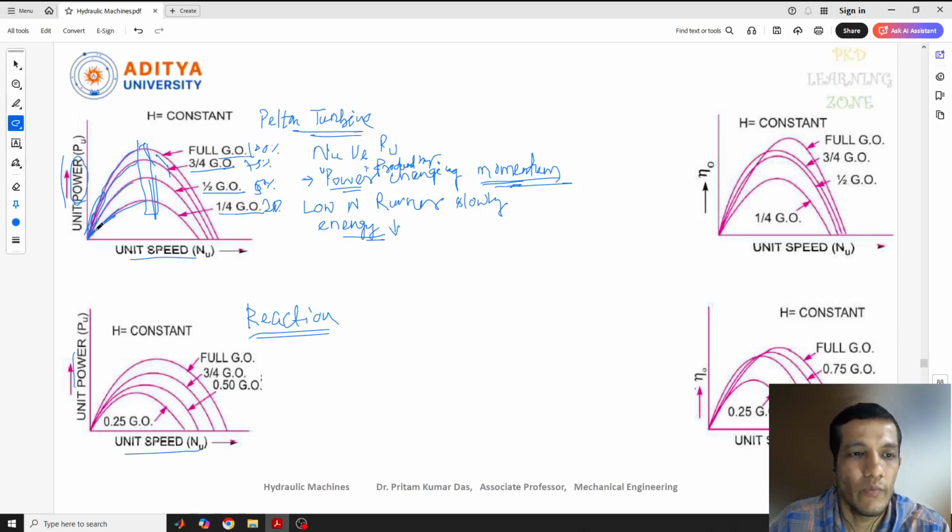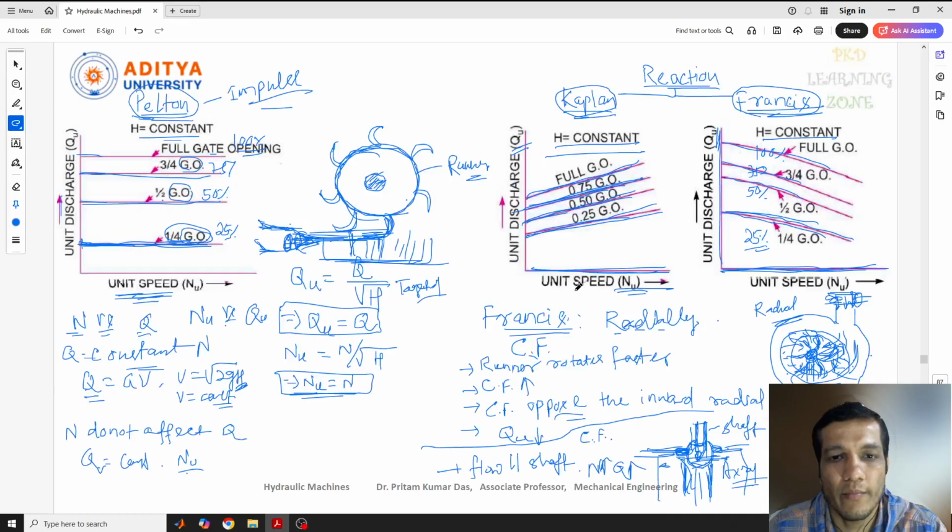Once the unit speed starts increasing, if you see that diagram again, when the jet strikes with a high speed, the bucket also moves very fast and starts rotating very fast.